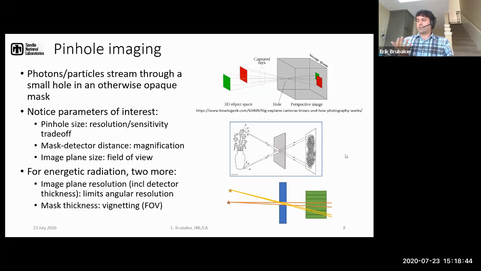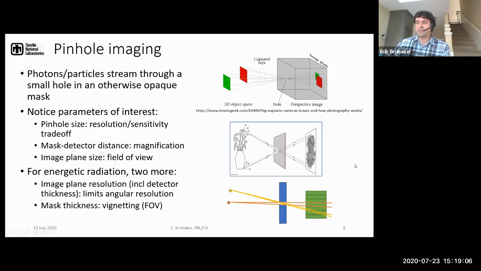But then again, the trade-off there is that you have to make a larger detector if you want to catch all those rays. On the other hand, if you have a smaller detector, that will limit the field of view, limit the angular area of the scene that you can record particles from. So there's a trade-off there as well between magnification and field of view.